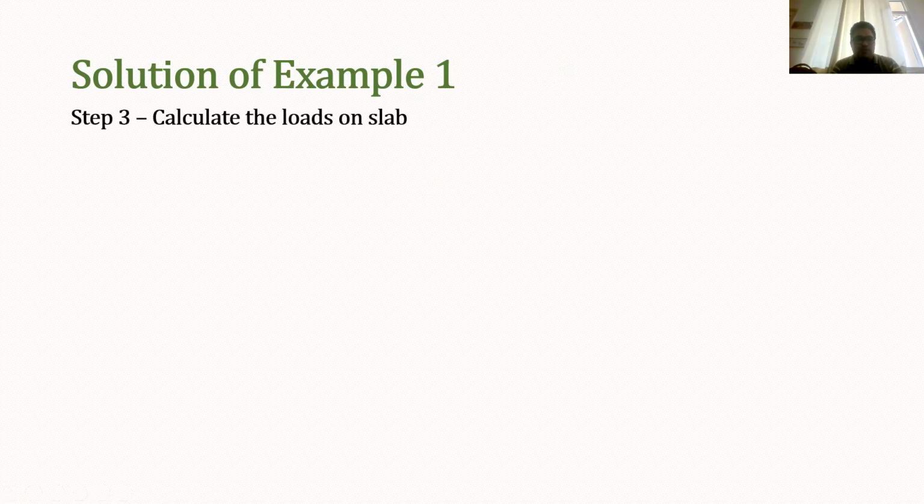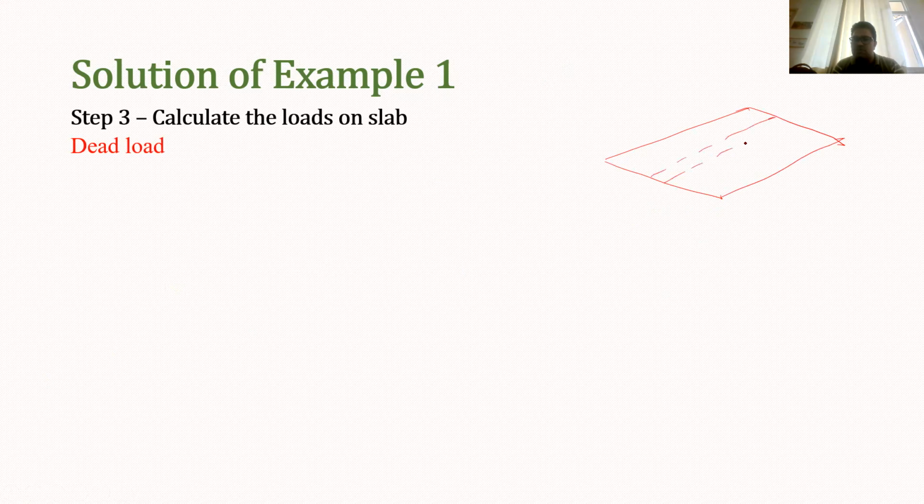So step 3, in this we have to calculate the load on the slab. The way we have calculated load in one-way slab, in the same way we will calculate load on the two-way slab also. So here we will calculate dead load and live load on the unit area, because we are going to consider only the unit strip.